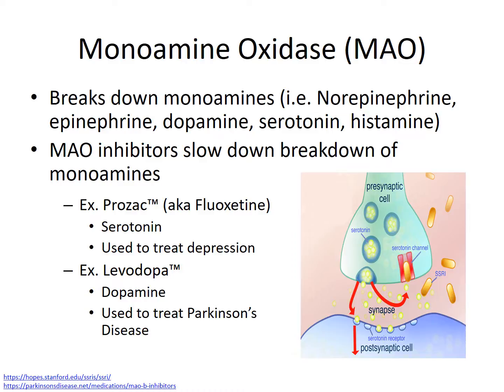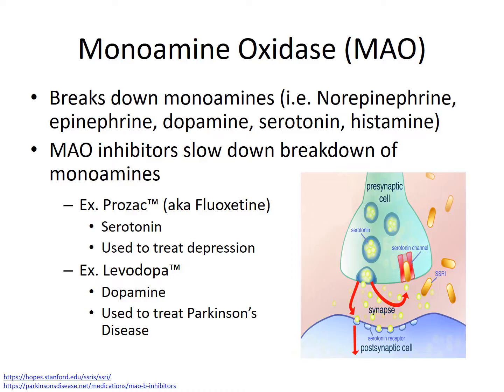Levodopa works as a monoamine inhibitor to slow down the breakdown of dopamine, which, if you remember talking about the central nervous system, is the major part of the problem of Parkinson's disease.